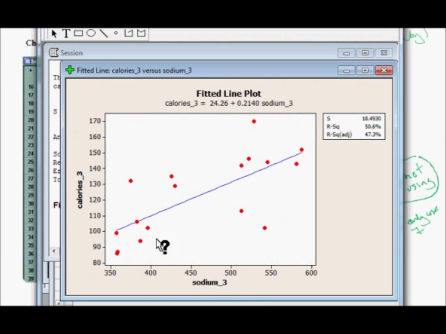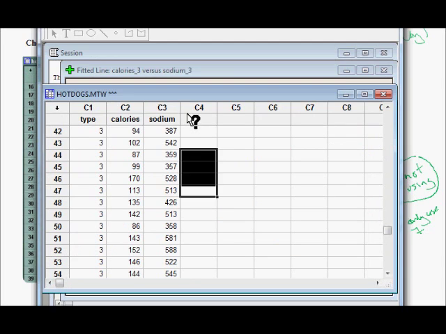Okay, so I'm going to go back to the regular worksheets, if I can find that. I think it's here, it is. So I want to create indicator 1, and I want to create indicator 2.